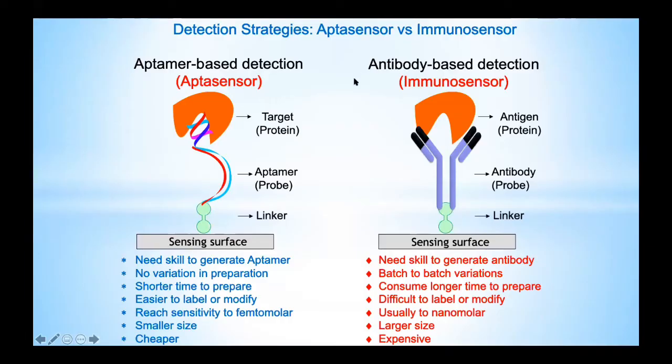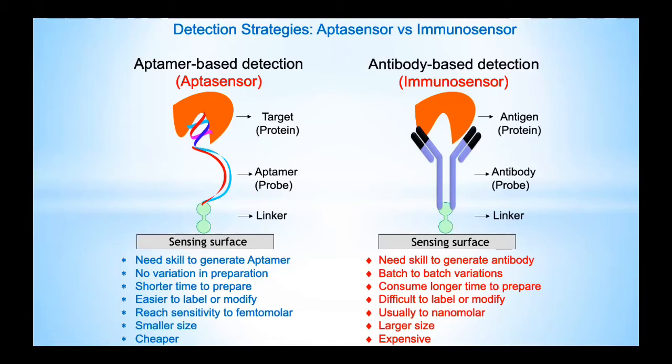What is the difference between aptamer-based sensor and antibody-based sensor? In terms of producing aptamer, it is much simpler compared to production of antibody. In terms of stability, aptamer is much more stable compared to antibody.